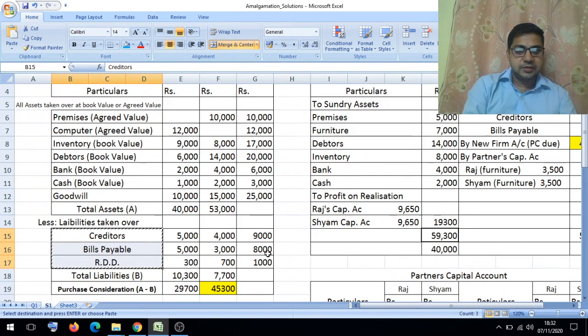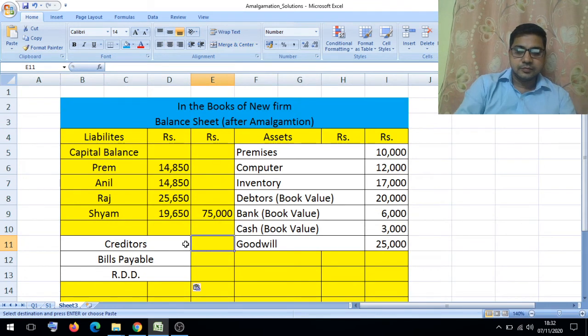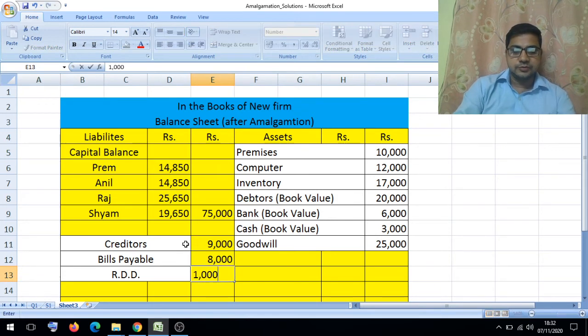Creditors are 9,000, bills payable 8,000, RDD 1,000.